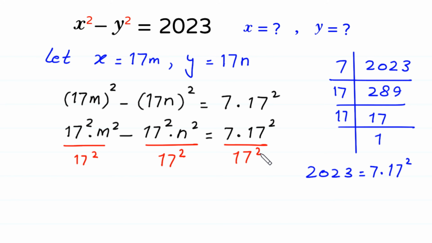This 17 square will be cancelled with this 17 square, and here left m square minus n square is equal to 7.